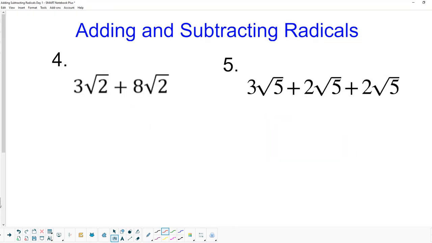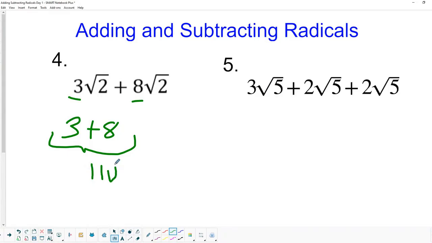Okay, adding and subtracting radicals again, we got 3 square roots of 2 plus 8 square roots of 2. So that 3 and that 8, 3 plus 8 is going to give us 11. And then we have square root of 2 come along for the ride.